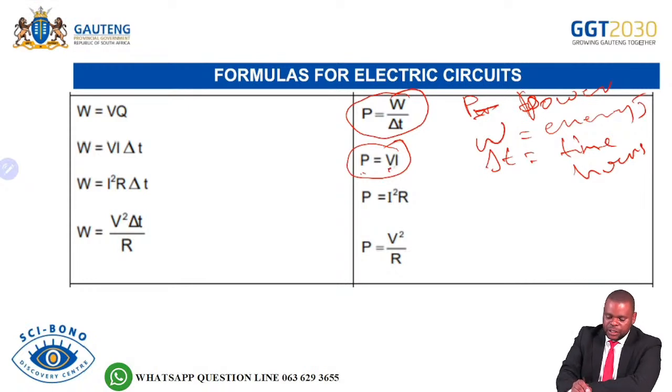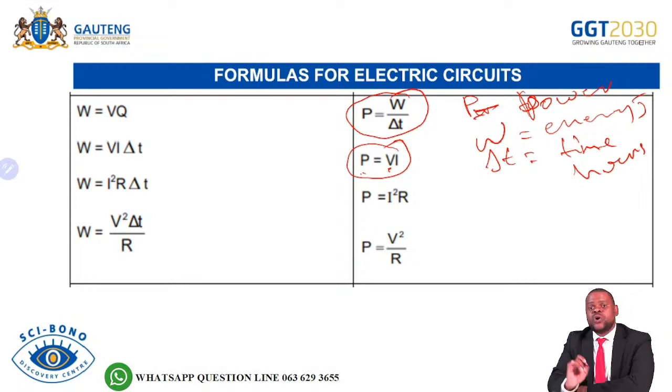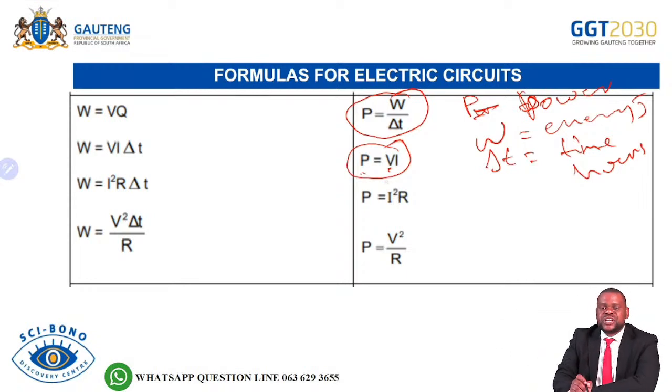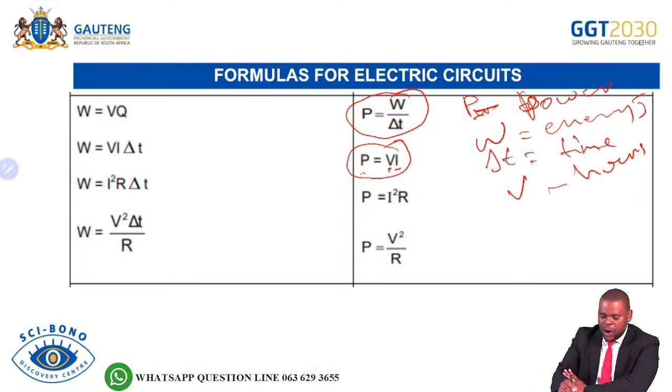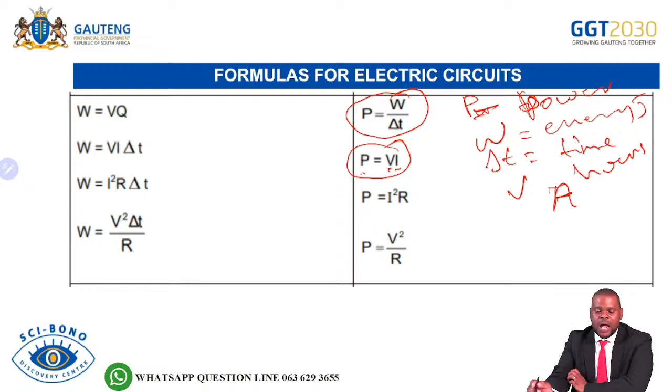And then V is measured in volts. It is the voltage or the potential difference. If you don't want to say voltage, you can say potential difference. And it's measured in volts, which is capital V. And then the I that you see here is current, measured in amperes. And then the symbol for ampere is capital A. Are we together? It's capital letter A.